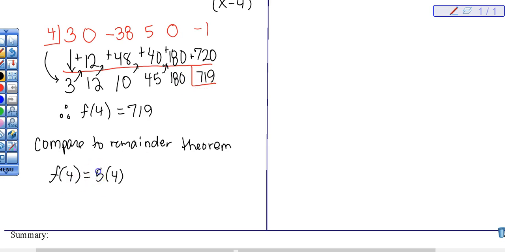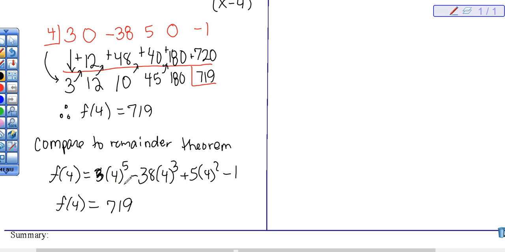Sorry, that's a 3. Times 4 to the 5th minus 38 times 4 cubed plus 5 times 4 squared minus 1. Just plugging it in. And guess what you get when you plug all that into your calculator, because I don't want to do that by hand?